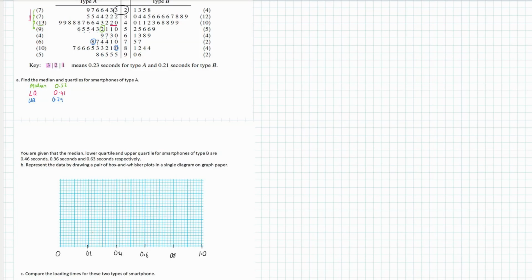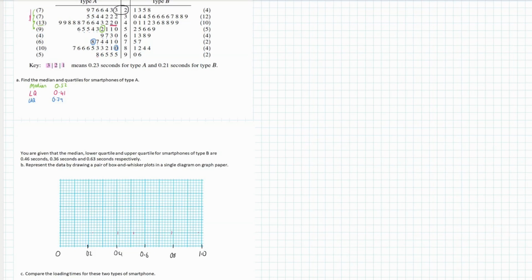And the highest value for A is 0.98, so we're all the way over to here. Okay, and we've got a median at 0.52, so 0.52 would be here, and then we've got a lower quartile at 0.41, which is sort of there, and an upper quartile at 0.79, which of course is there. Okay, so those are those values.